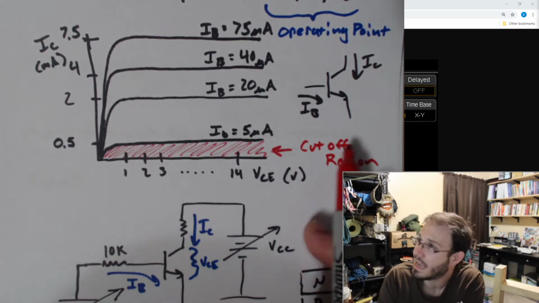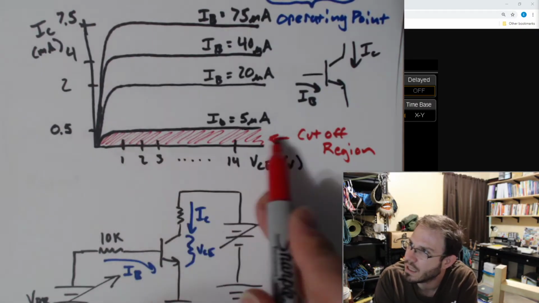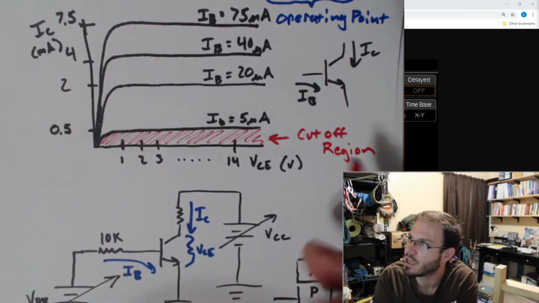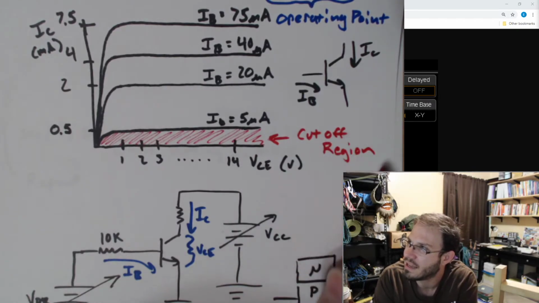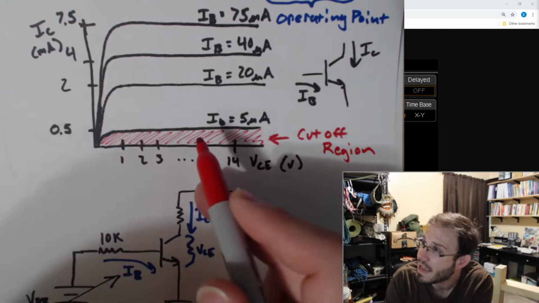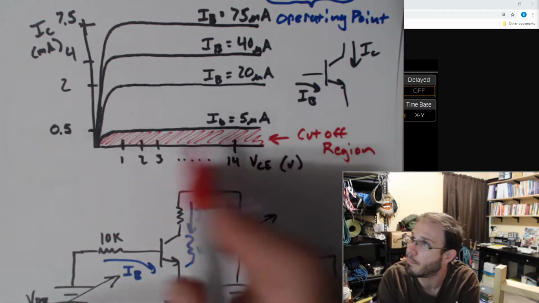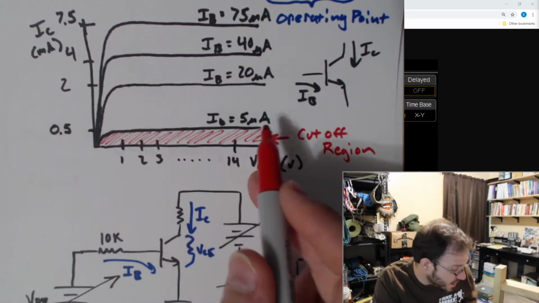Okay, now I've been saying cutoff mode a lot, but now that we can see these relationships visually, it makes sense to talk about the cutoff region, the whole area of operation in which this transistor behaves as though it's an open switch, or in its cutoff mode. We define that as its cutoff region.